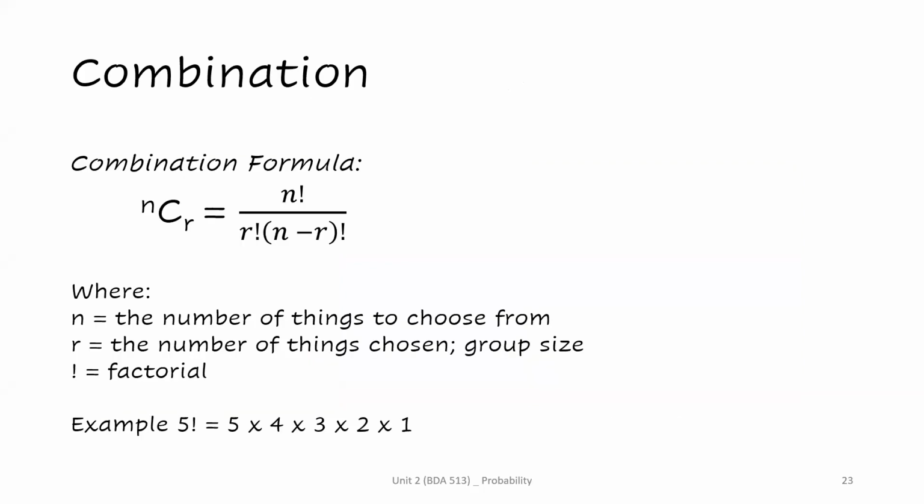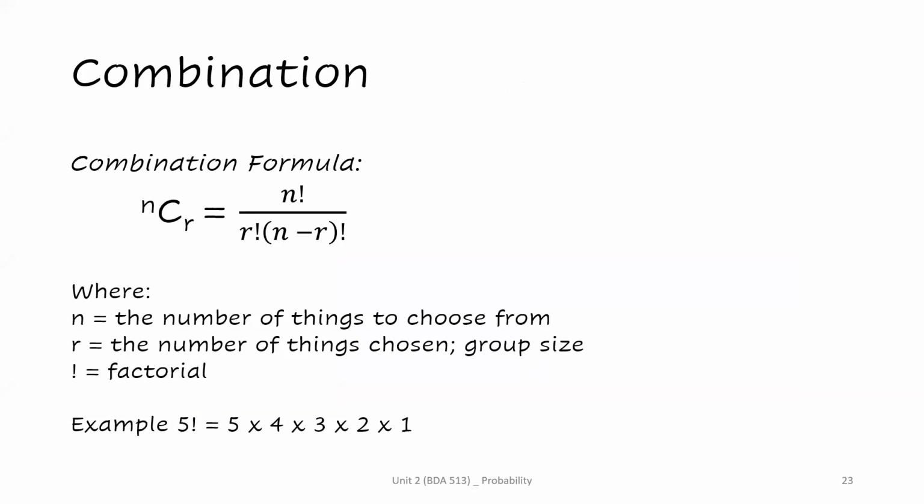In terms of combination, the formula for determining N combination R is N factorial divided by R factorial times (N minus R) factorial.